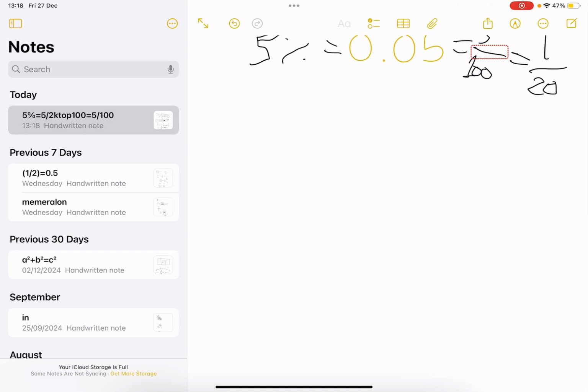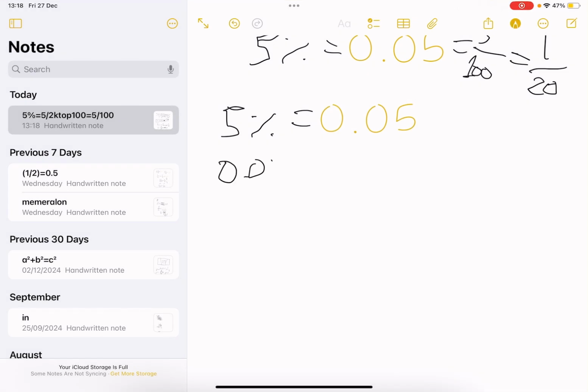Next, in percentages, let's learn about the next percent thing you need to know. So we have 5%, right? Now 5%, as you know, is 0.05.